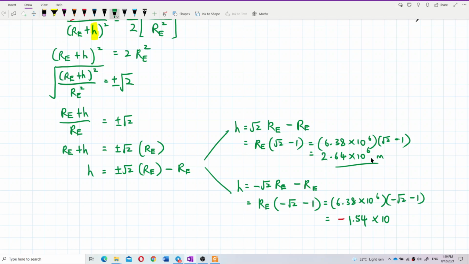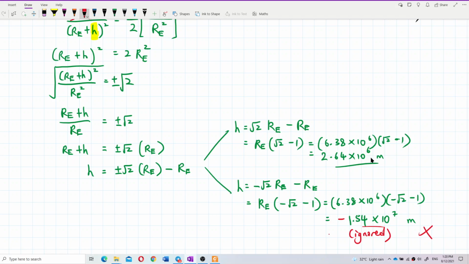So this one can be disregarded because it's not possible to have negative value. Yeah, so this one can be ignored because this one cannot have negative.